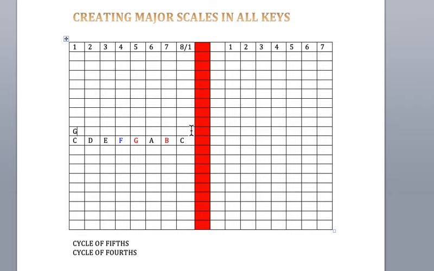So this would be G, A, B, C, D, E, F, G. And the next step is to sharp this one here. So that's the G major scale.